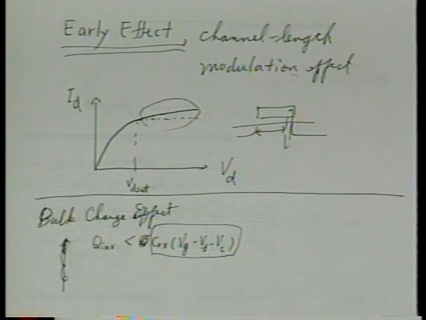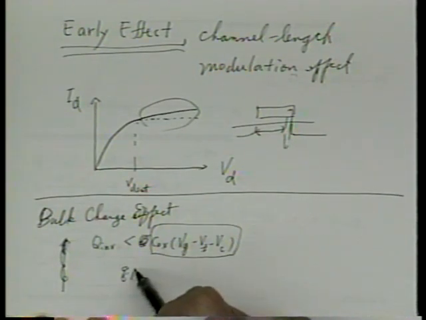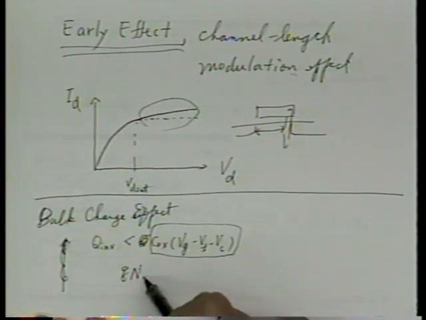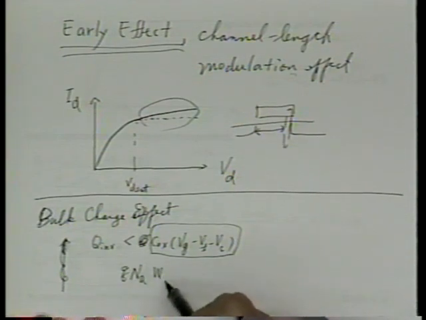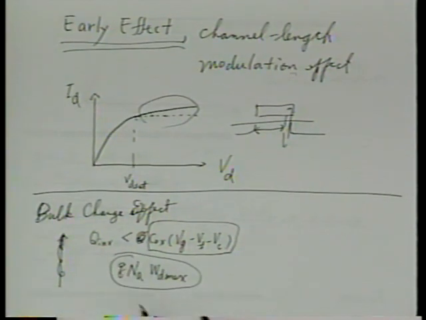I don't think it's necessary. Let's just say that any charge in the depletion region beyond Q NA W D max, any inversion layer charge beyond this component will have to be subtracted from the right-hand side in order to give us Q inversion.